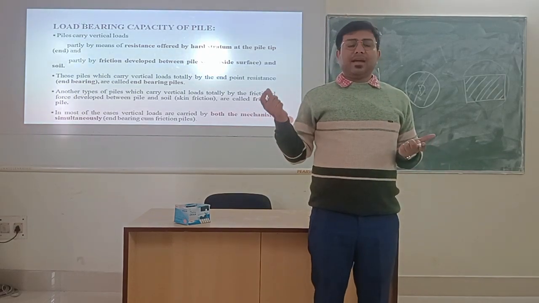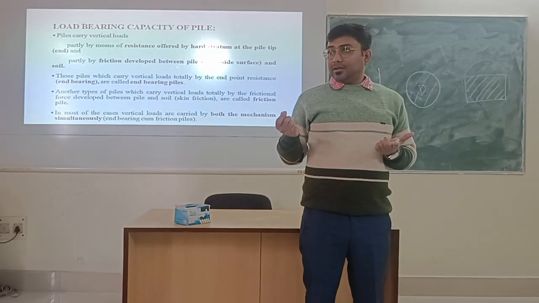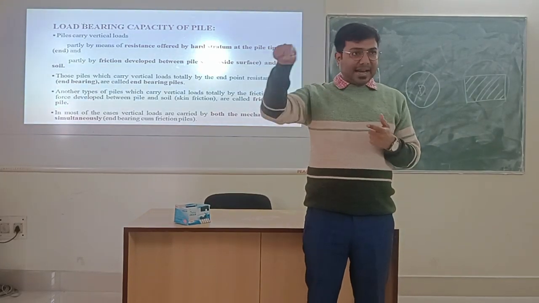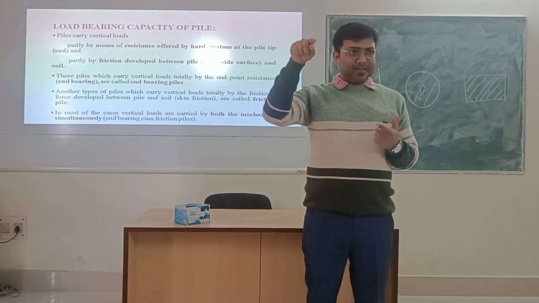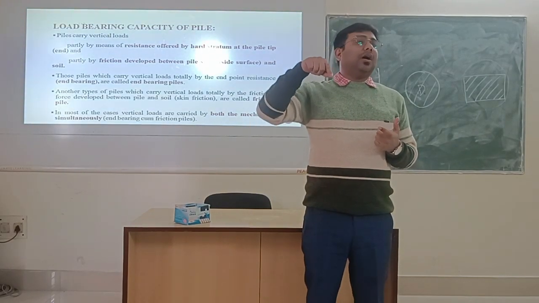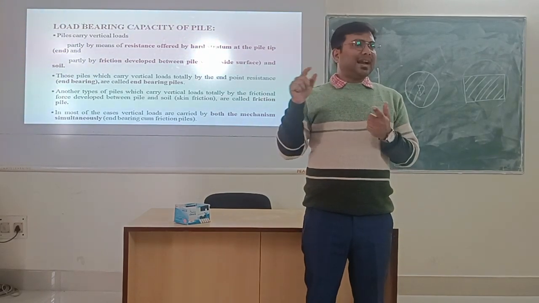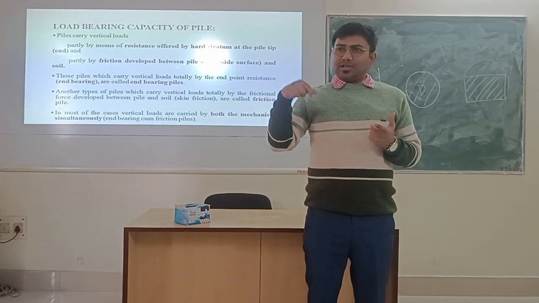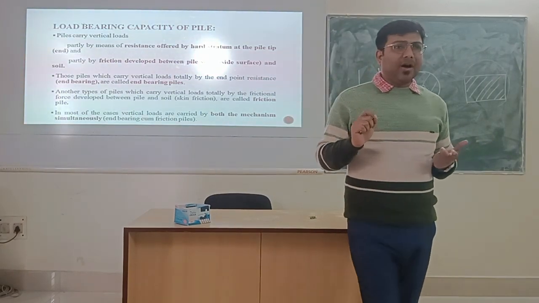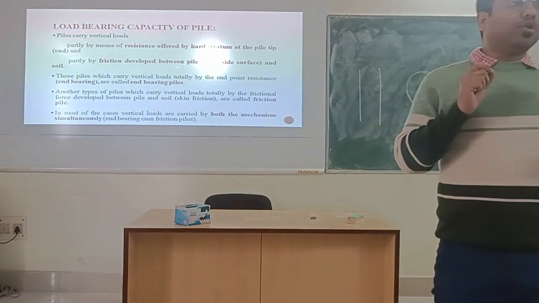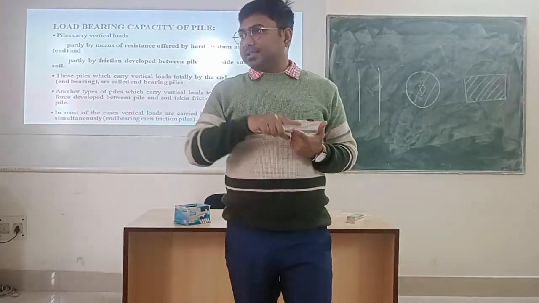If we are using a steel pile, then as I have told you, we can use a channel section, hollow section, H section, H means I section, or angle section. In that case those steel piles are not only circular, but concrete piles or timber piles are almost circular in cross section.